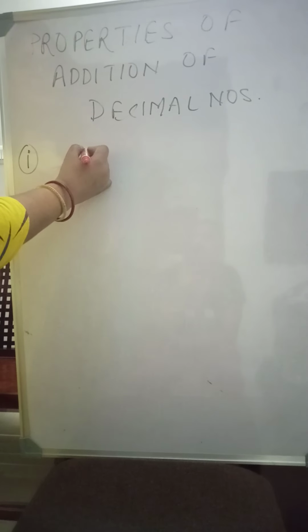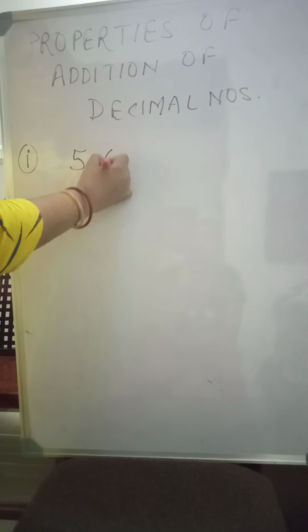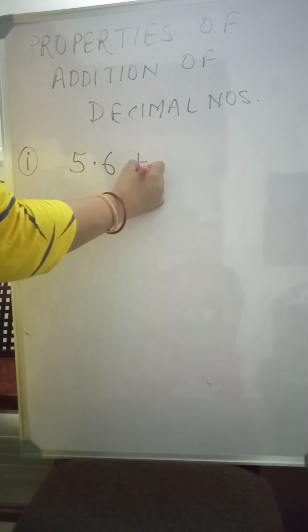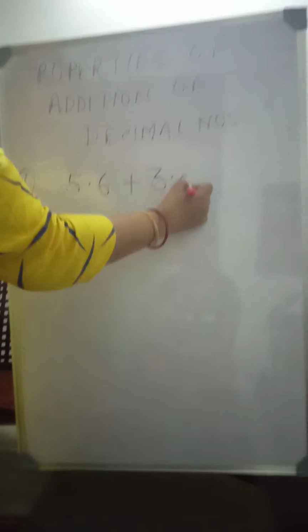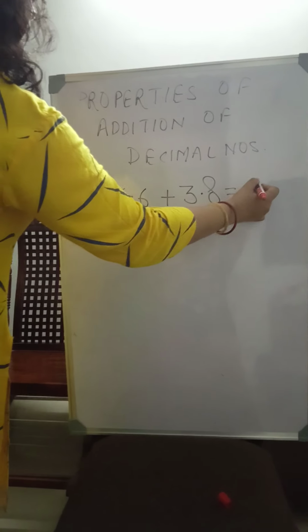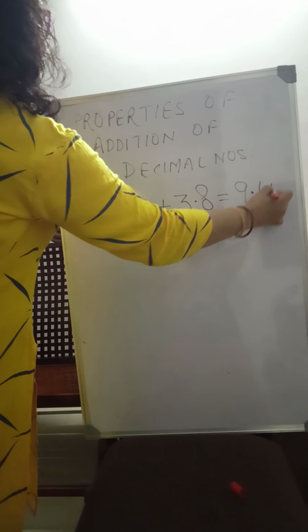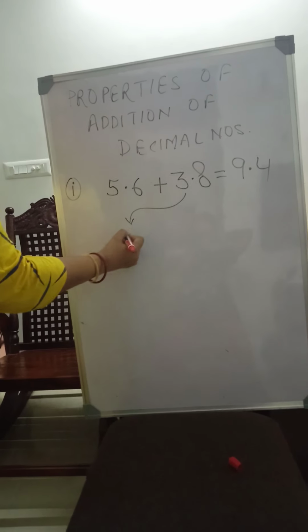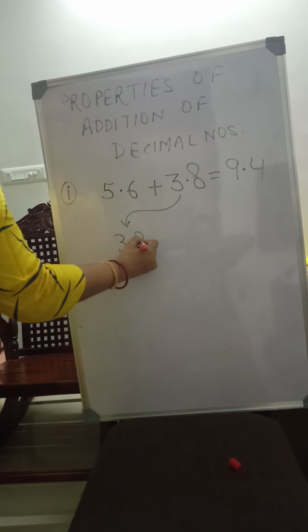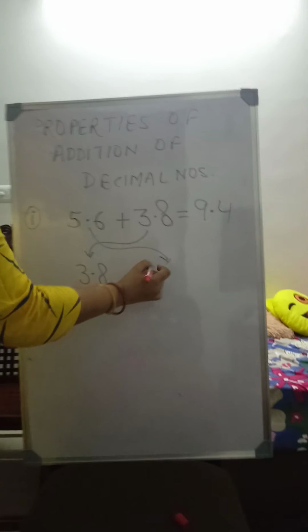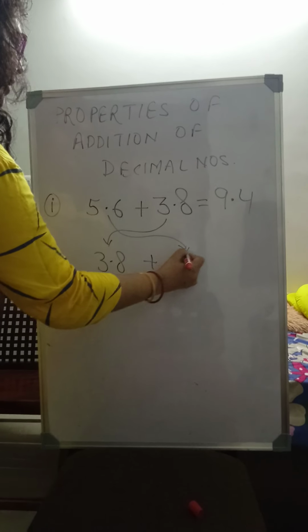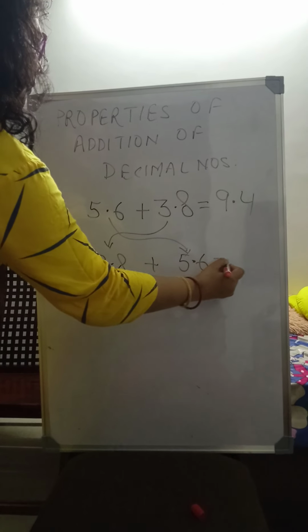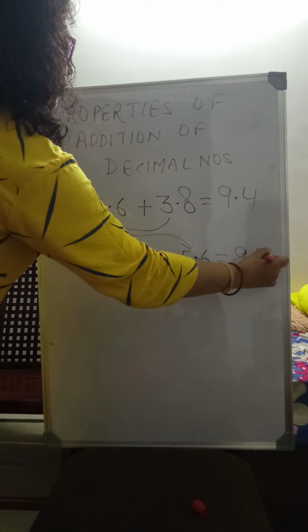For example, 5.6 plus 3.8 is equal to 9.4. Now I am changing this order: 3.8 plus 5.6 is equal to 9.4.